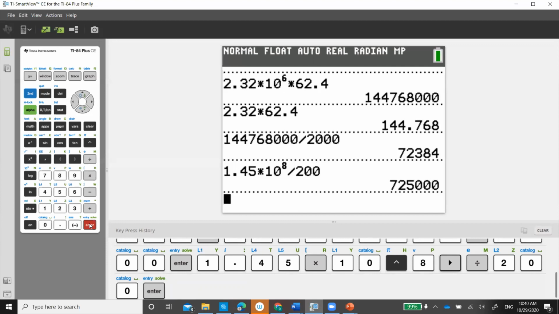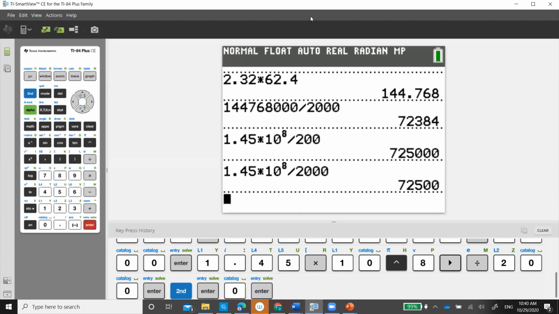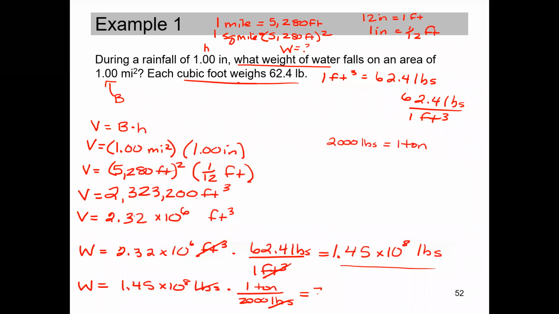Oh, is that too much? 2,000, sorry. That's 72,500 tons.